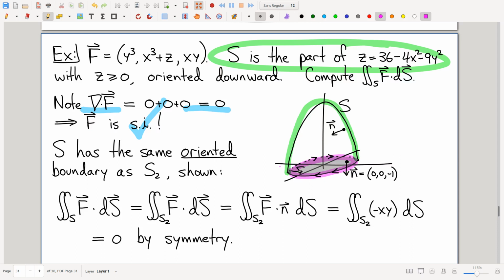I like to use the easiest possible surface I can. I'm lazy. I don't want to do extra additional work if I don't have to. I think this nice flat surface in there is going to be the easiest possible surface to choose.